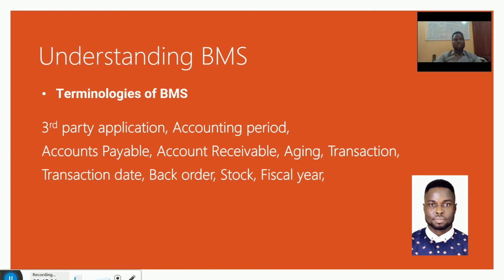You understand? But it will put it under what we call back order, which means on your back order you have a negative stock. So immediately stock comes in, when you tell the system that new stock has come in, the system will remove it to offset your back order.